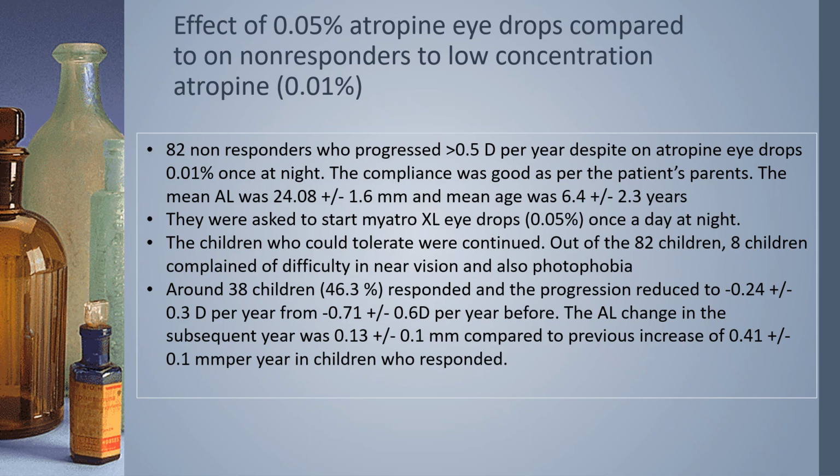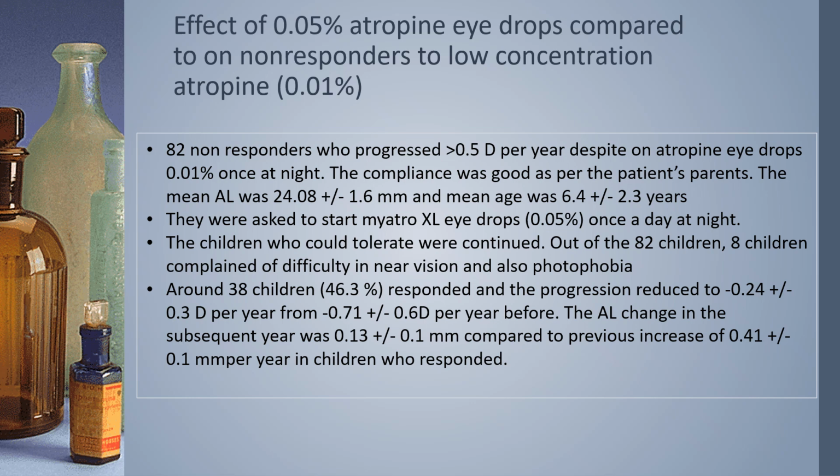So I think the number of children who could tolerate 0.05% is definitely less than with 0.01%. And I don't agree with the LAMP trial that 0.05% is as tolerable as 0.01%. 0.05% definitely has less compliance in terms of the side effects of difficulty in near vision and photophobia. I have not included the data of NPA and NPC which we did with Devanshi, but we did have at least 8 children who stopped using 0.05%.